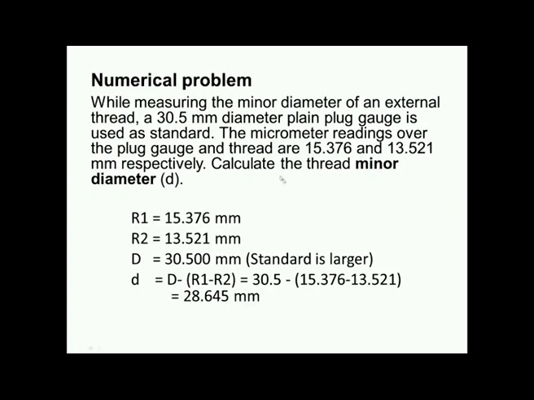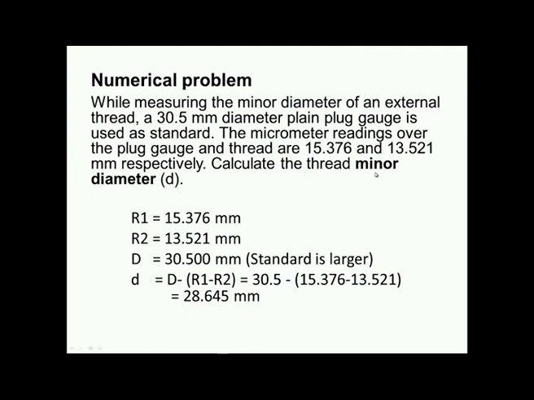Now, we will have a numerical problem here. While measuring the minor diameter of an external thread, a 30.5 millimeter diameter plain plug gauge is used as standard. The micrometer readings over the plug gauge and thread are 15.376 millimeter and 13.521 millimeter respectively.